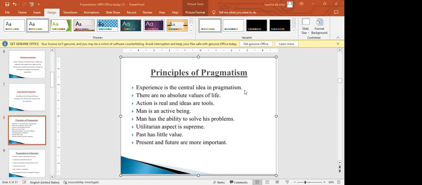Ideas serve as tools or instruments that guide and inform our actions, but their ultimate worth lies in their ability to produce tangible results or solve practical problems. The focus is on the practical consequence and utility of ideas rather than their abstract or theoretical merits. These perspectives align with the pragmatist belief that knowledge and understanding are constantly evolving and refined through active engagement with the world.